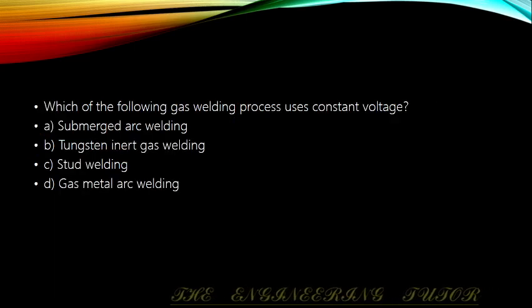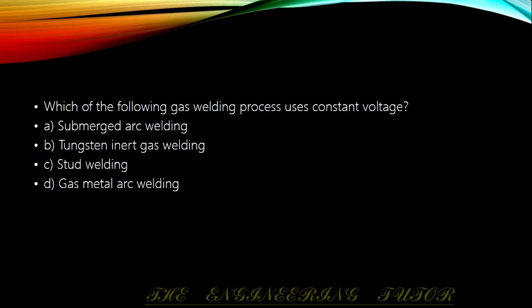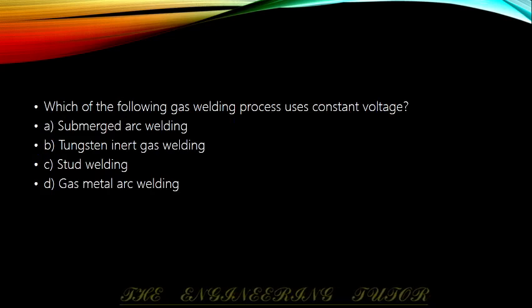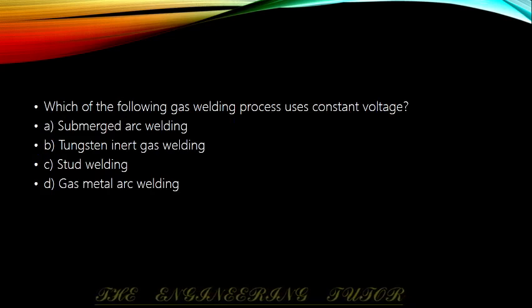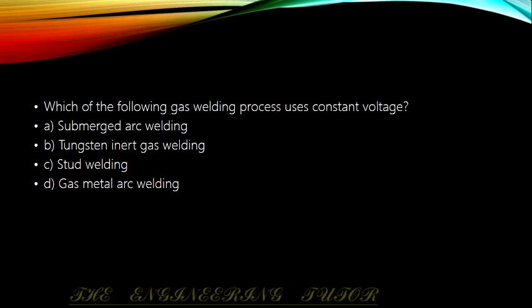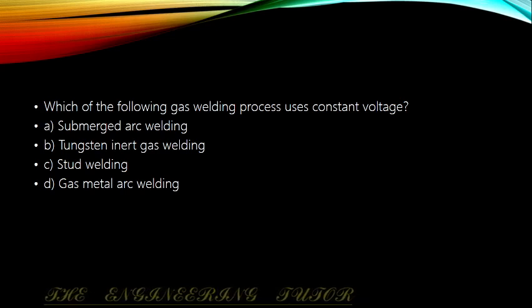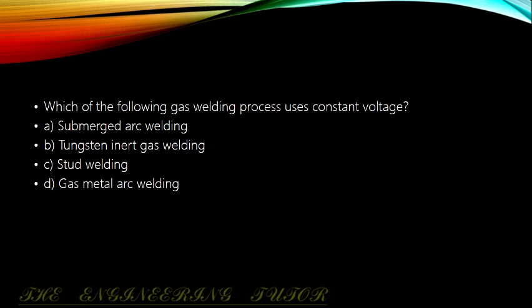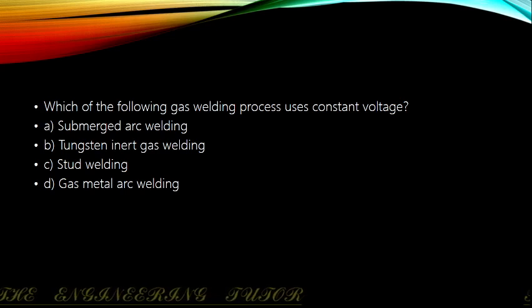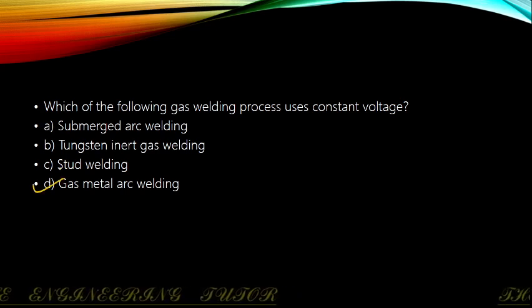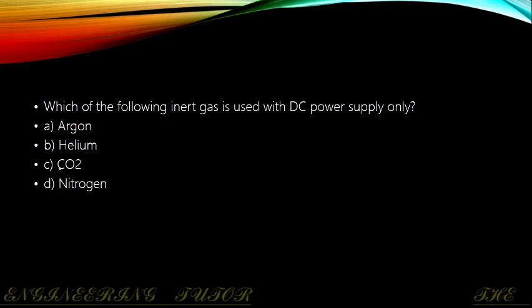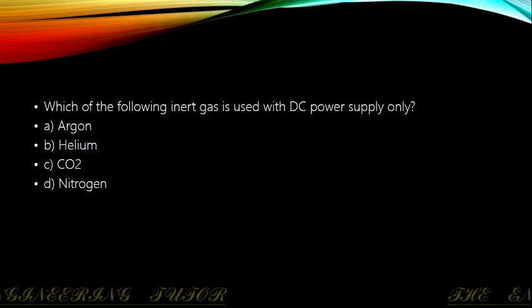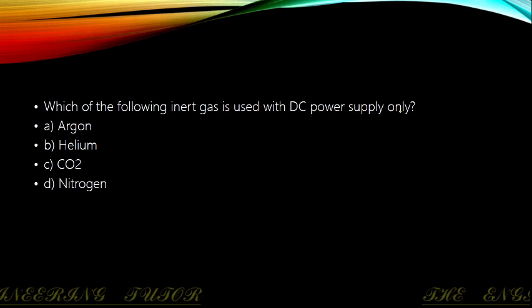Which of the following gas welding processes uses constant voltage? In gas metal arc welding, we will be using the constant voltage. Which of the following inert gases is used with the DC power supply only?